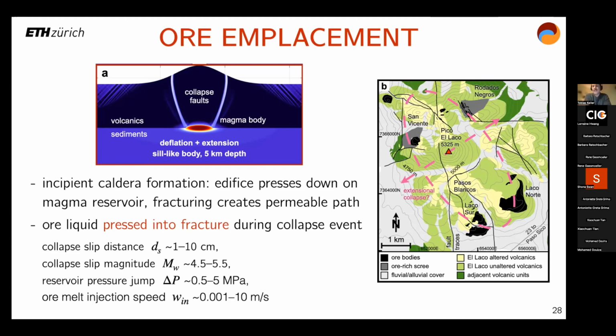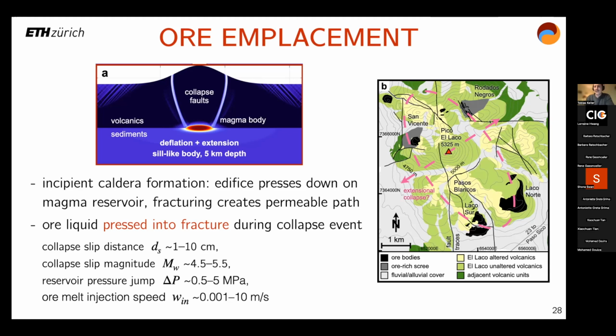But in a natural system, this would be accompanied with some level of seismic activity. For example, some of you might recall the caldera collapse of Kilauea crater in 2018, where every now and again there was one of these collapse events where the crater floor sagged down a few dozen centimeters or half a meter or so, accompanied with a seismic magnitude of about 4 to 5.